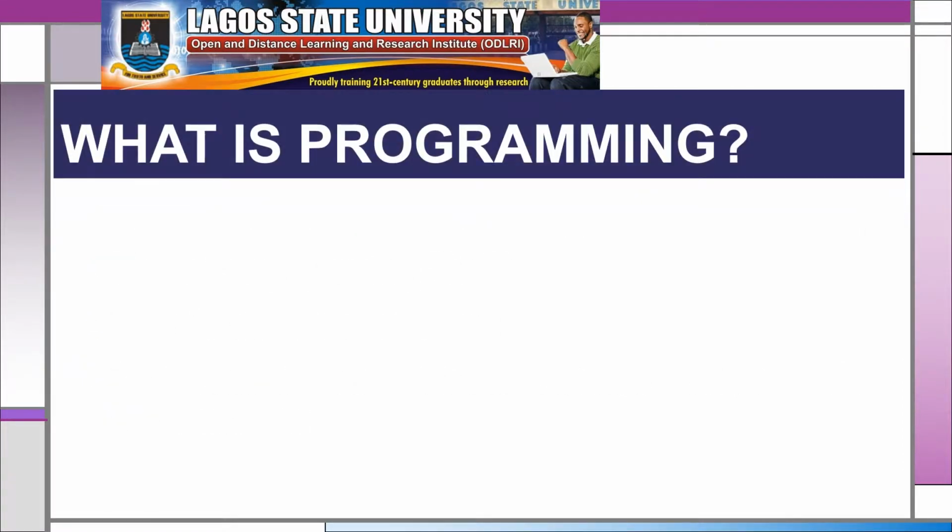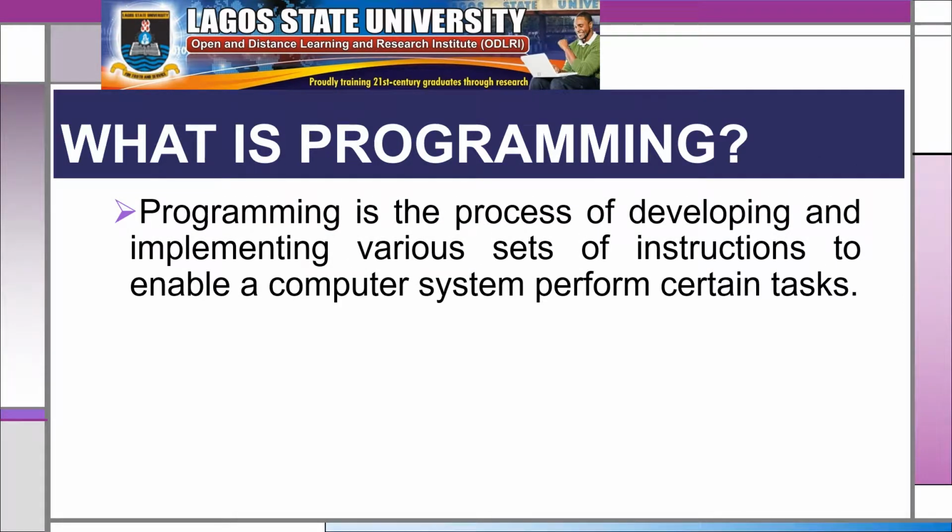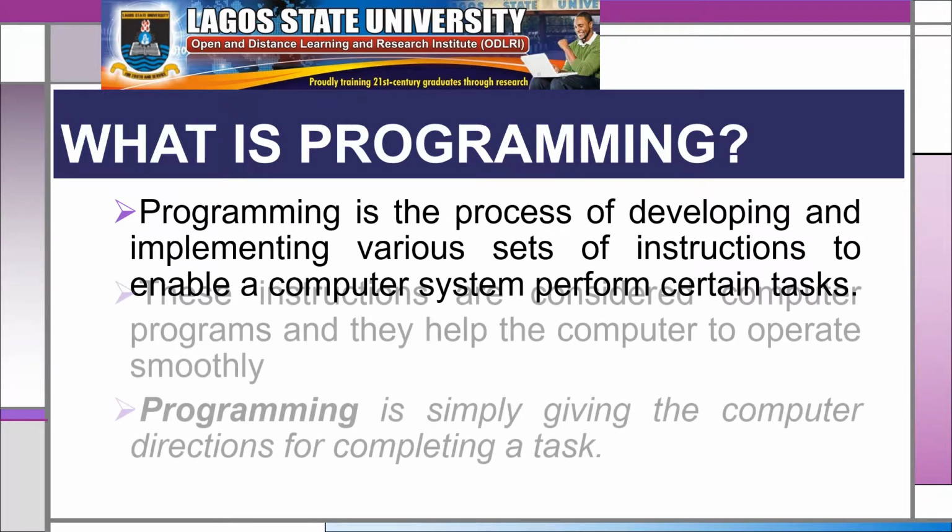Now, what is programming? Programming is the process of developing and implementing various sets of instructions to enable computer perform certain tasks. So we are saying that before a computer can carry out that function you want it to carry out, there is a process, and that process that you are developing is what the computer will implement, and that is programming.